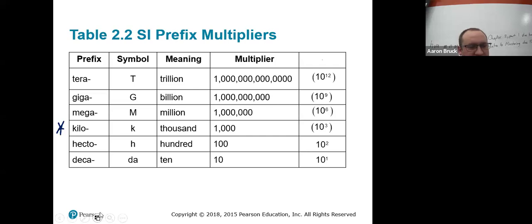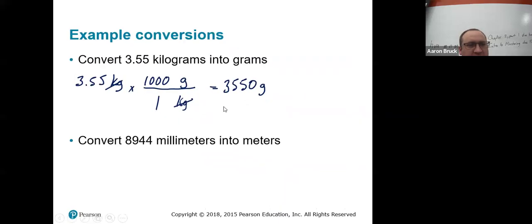So I could have gotten the same answer using mental math. 1, 2, 3 over, I would need to add a 0 to get 3,550. Personally, it doesn't bother me either way, whichever way you want to do it. If you do it in your head, though, make sure that you're right, because obviously it's a little bit embarrassing if you have to go, I didn't get this right. Well, why? I slid the decimal too many spots. That's a preventable mistake.